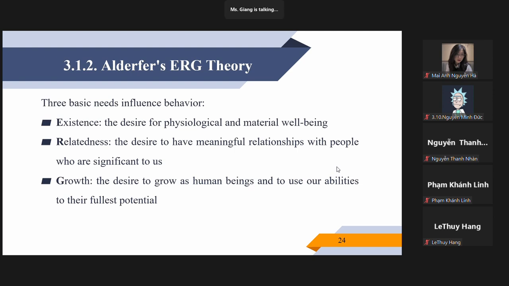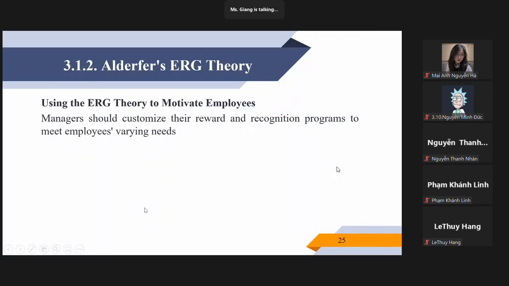So you will see that the application of ERG theory to motivate employees is similar to the application of Maslow's theory. In order to apply the ERG theory, we should customize the reward and recognition programs to meet employees' varying needs.